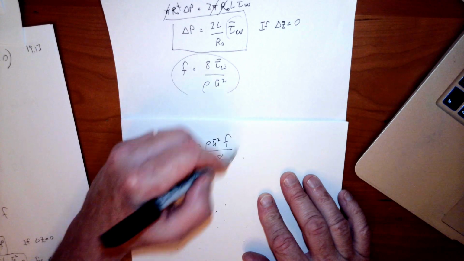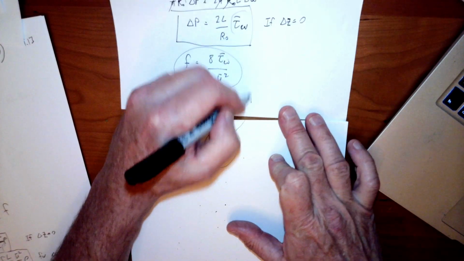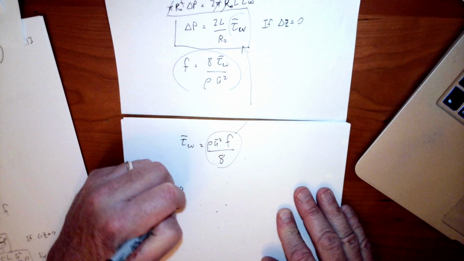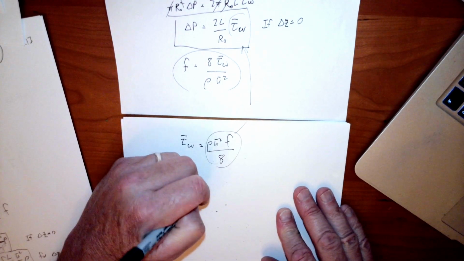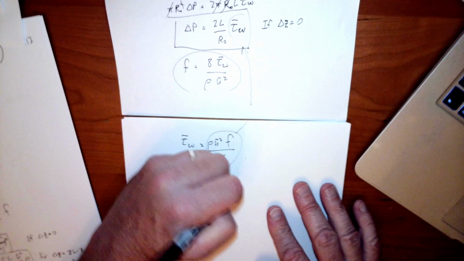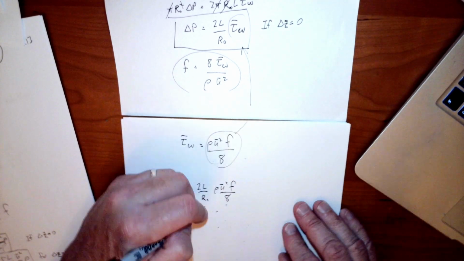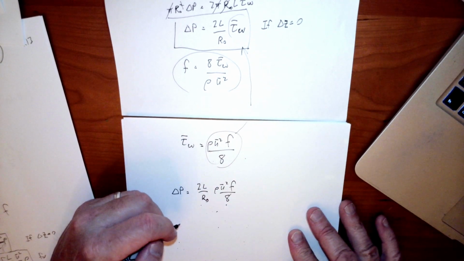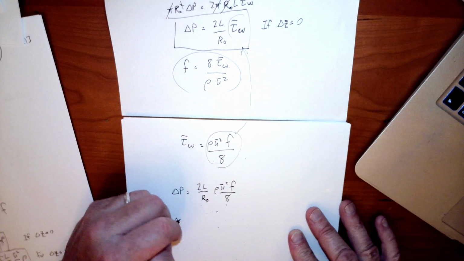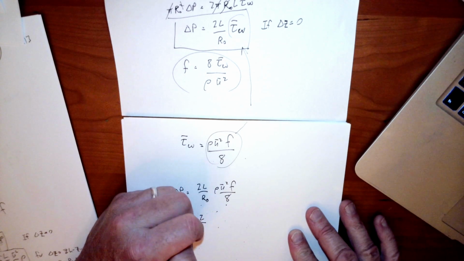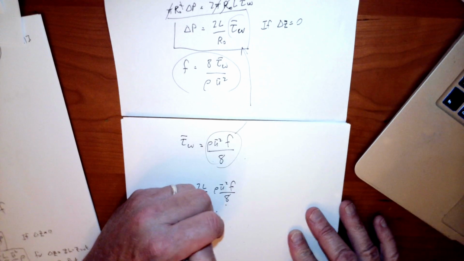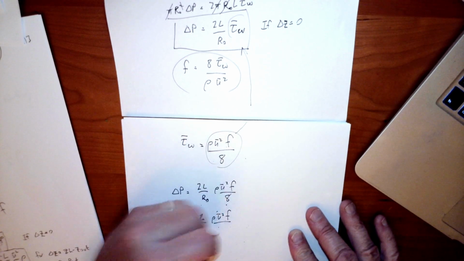And now I can plug that into this equation up here to get my pressure drop in terms of the friction factor. So I have my pressure drop is equal to 2L over R naught, and then times this stuff, rho U squared F over 8. All right, so that looks pretty good. I'm going to obviously divide there and get a 1 over 4. So delta P equals, I don't have 2 anymore, sorry, L over R naught times rho U squared average F over 4.